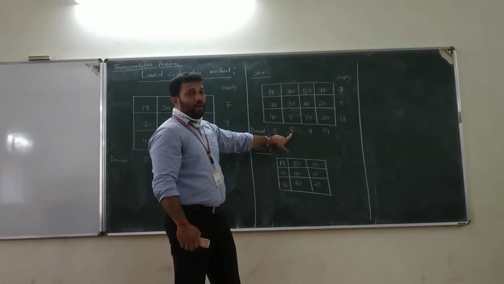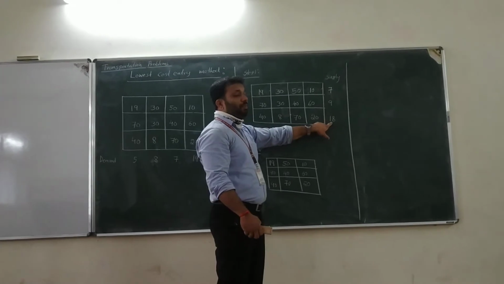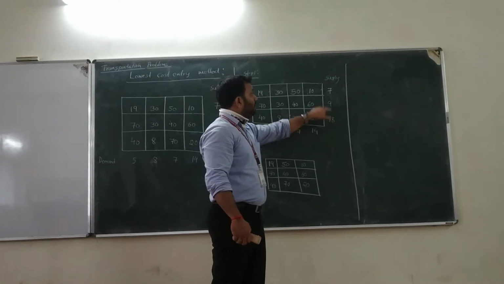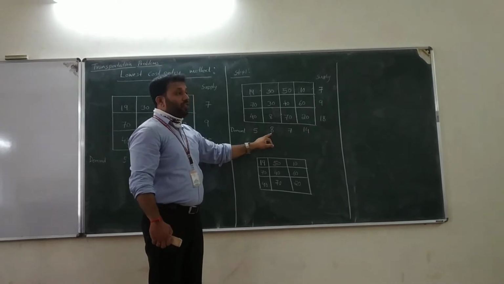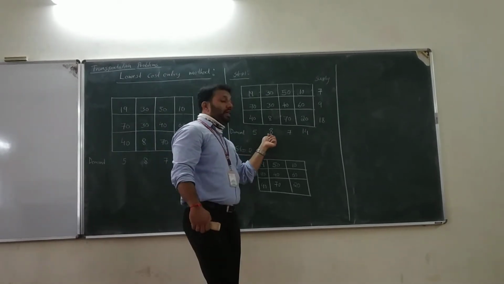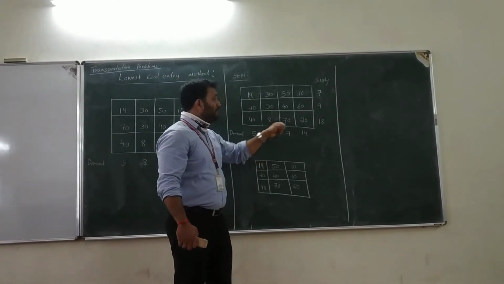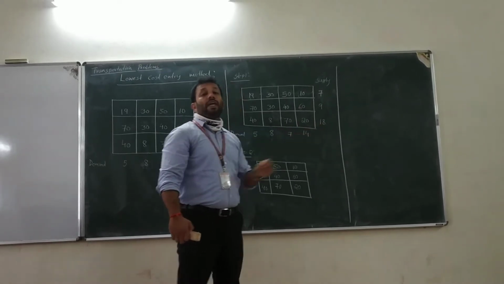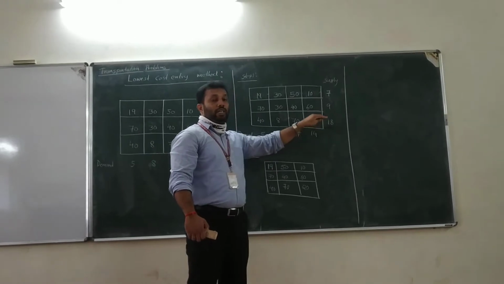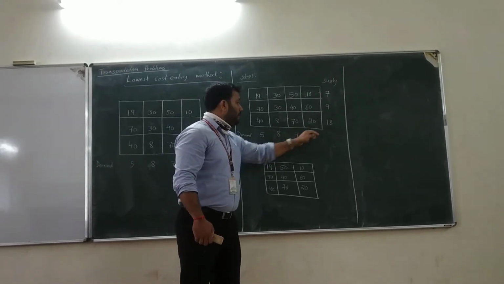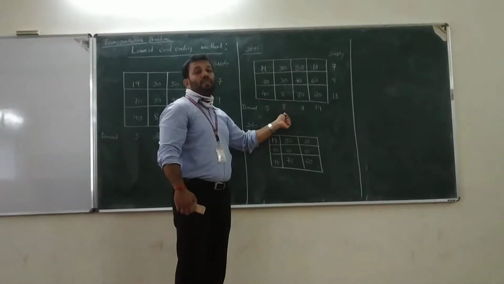Here we have a demand of 8 units, and we have a supply of 18 units. So I can fulfill the entire demand since I have a supply of 18 units. I have the supply in excess, so I can completely fulfill the demand of 8 units.